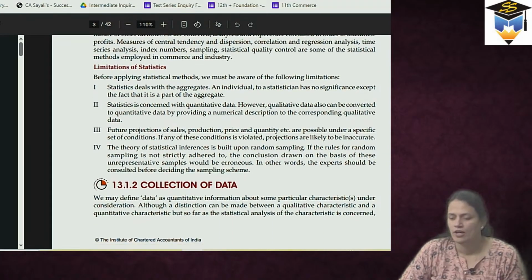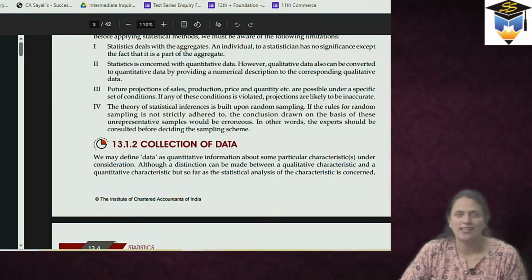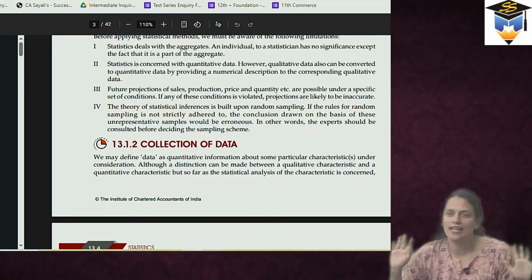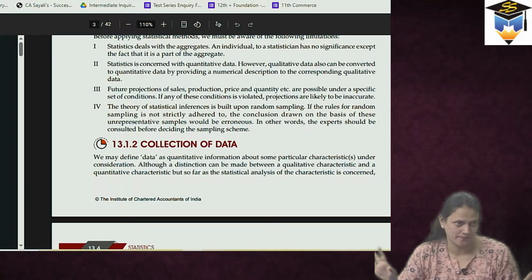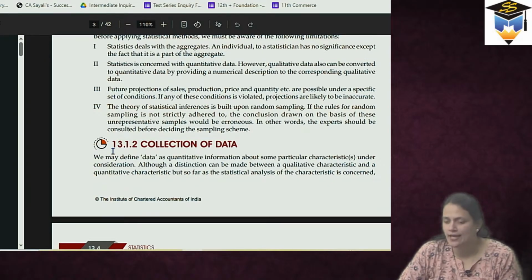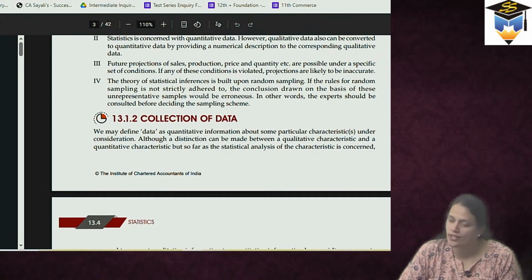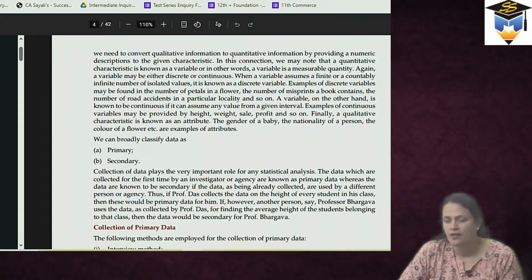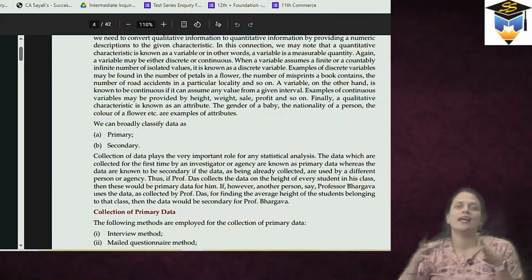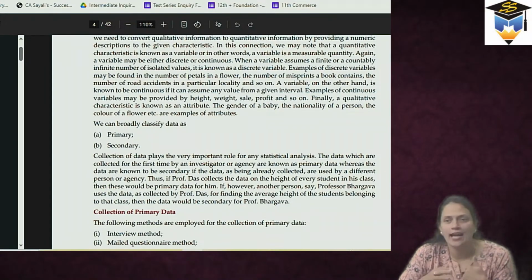Now, we know about data. See, the main tool of statistics is data. Without that statistics won't work. Okay. So what is data? Data is nothing but a qualitative characteristic and a quantitative characteristic, both. But generally, data is classified as primary data and secondary data. Okay.